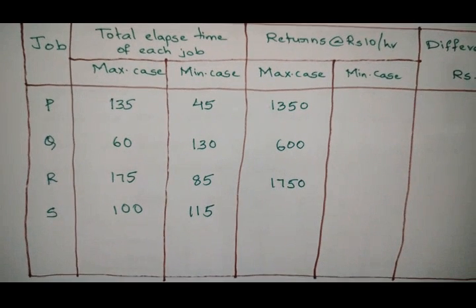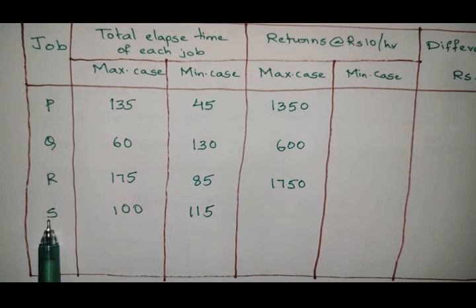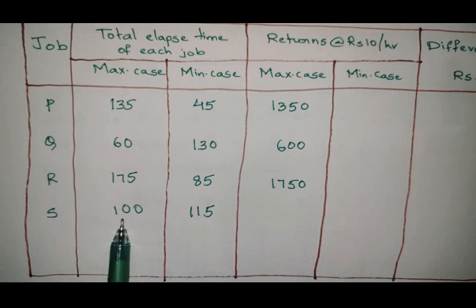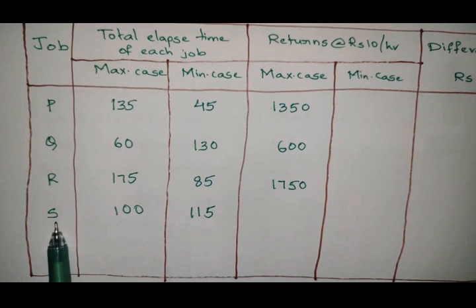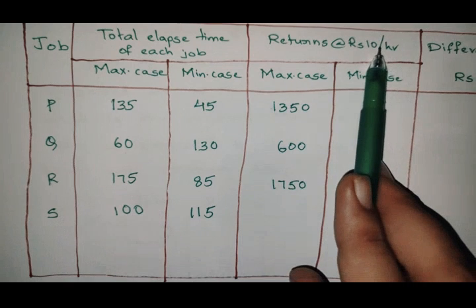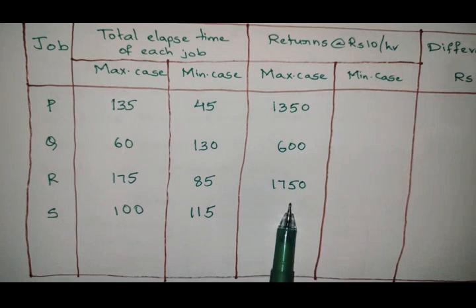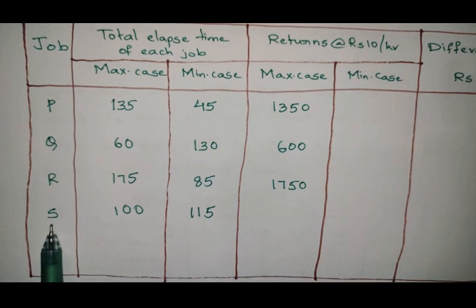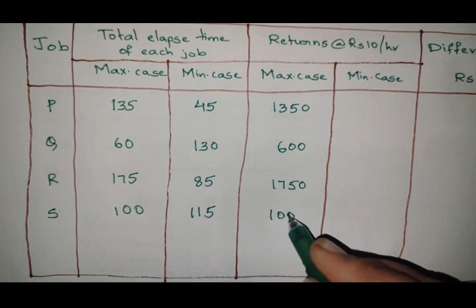And next, for job S, he is working 100 hours, charging 10 rupees each hour, so the amount he will get for job S is 100 into 10, 1000 rupees.